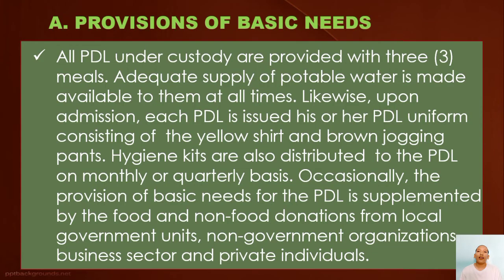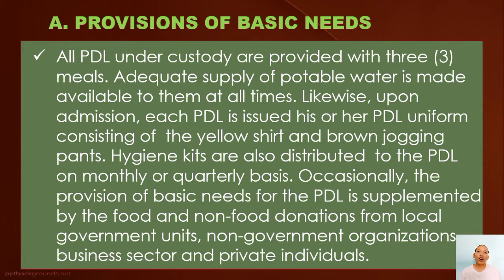First, provisions of basic needs. All PDL under custody are provided with 3 meals, adequate supply of potable water is made available to them at all times. Likewise, upon admission, each PDL is issued his or her PDL uniform consisting of the yellow shirt and brown jogging pants.